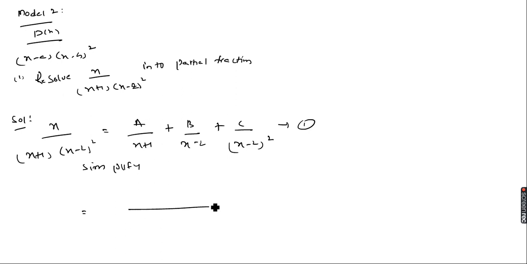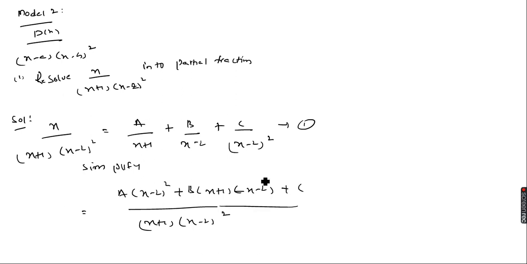So we get the LCM here, (x plus 1) into (x minus 2) whole square. So we get a into, (x plus 1) cancels, (x minus 2) whole square, plus b into, (x minus 2) cancels, (x plus 1) into (x minus 2), plus c into, (x minus 2) whole square cancels, (x plus 1).